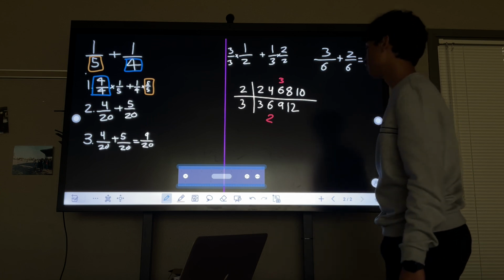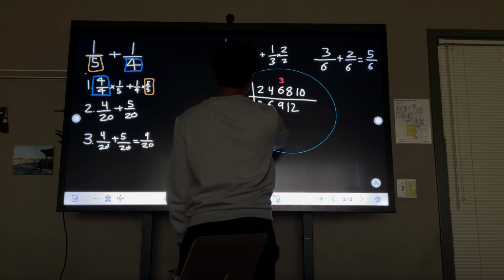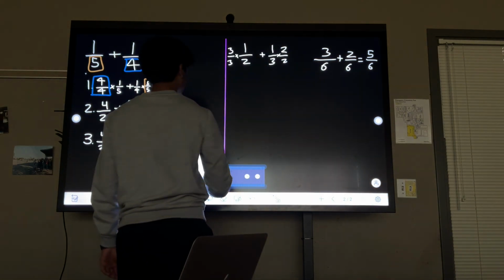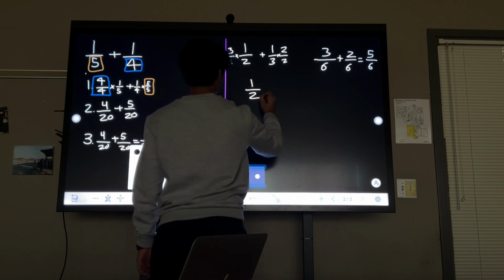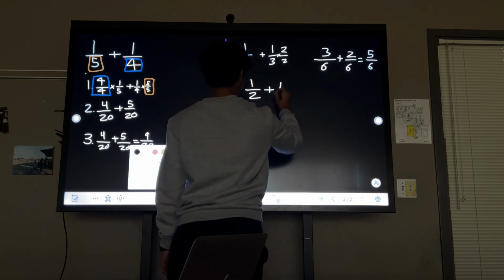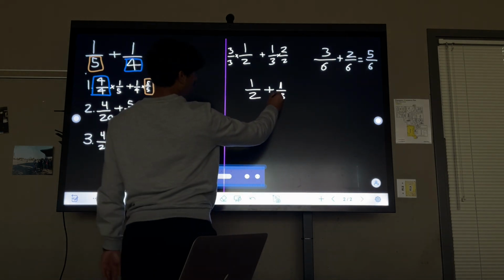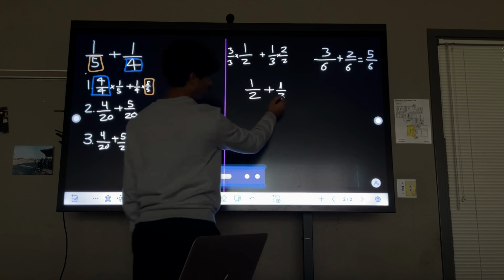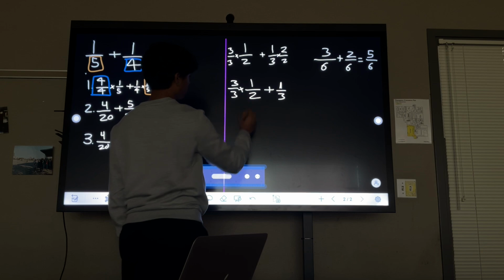That's the table method. Now if you guys don't want to do the table method and you find the other method easier, we could do that too. That way, so it's 1 over 2 plus 1 over 3. Here we're gonna take the right denominator, which is 3, bring it over here, make that 3 over 3, multiply it here.